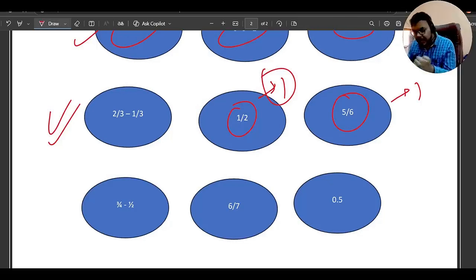With the higher values, the value will be bigger. So 1 by 2, these values are small, and 5 by 6, these values are big, because 5 is big, 6 is big. When the difference is the same and the values are big, then definitely it will be bigger than this. You don't need to calculate this, you just need to keep this in your mind.